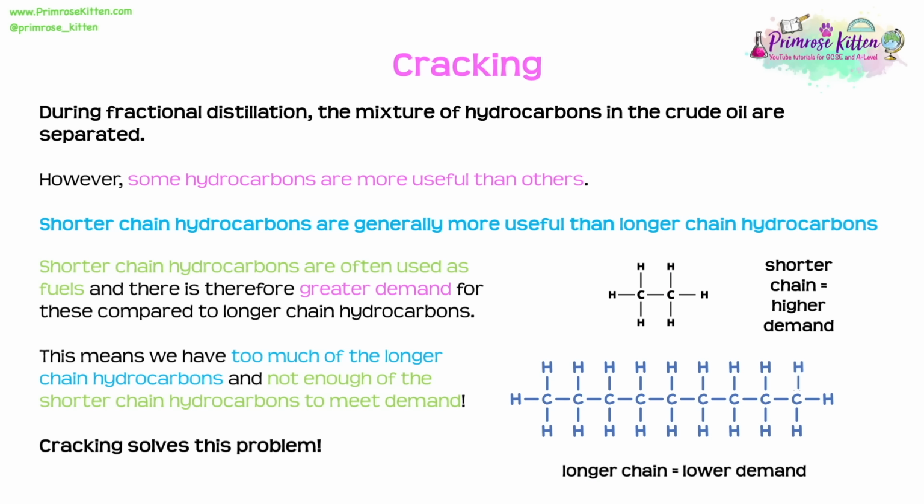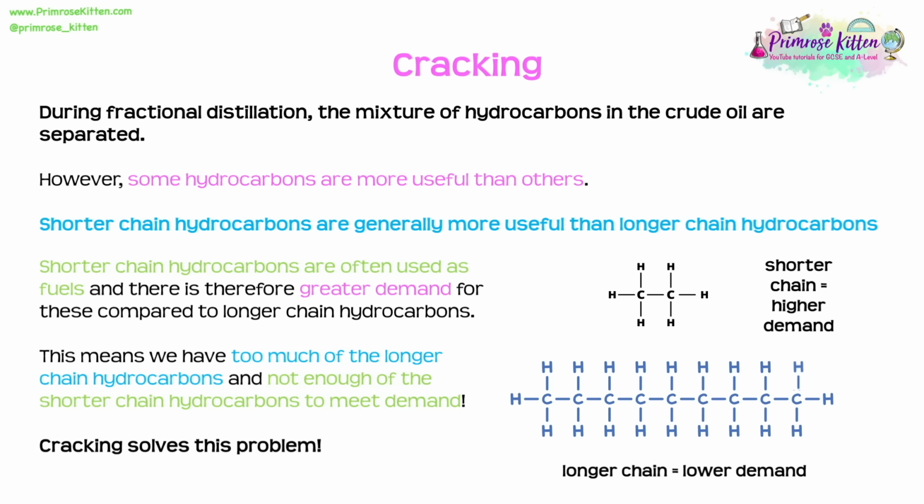During fractional distillation, the mixture of hydrocarbons in the crude oil are separated. But some of these hydrocarbons end up being much more useful than others. The shorter chain hydrocarbons are often used as fuel, and as a result, there's really a great demand for these shorter chain hydrocarbons when we compare them to the longer chain hydrocarbons.